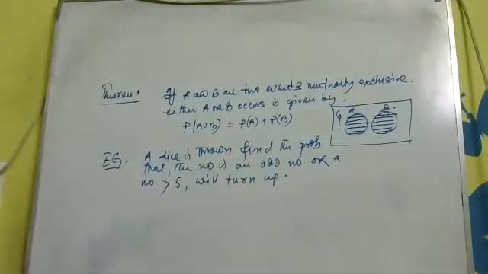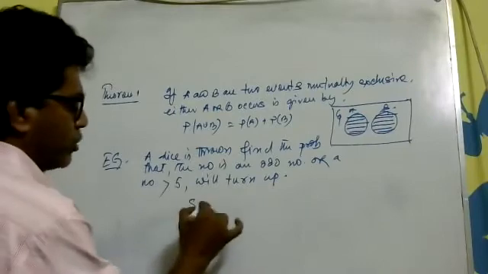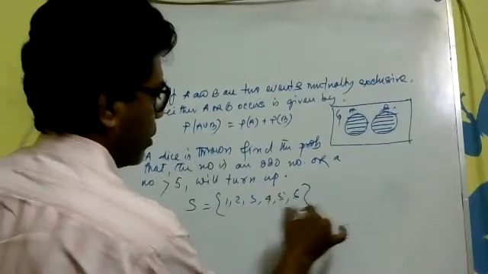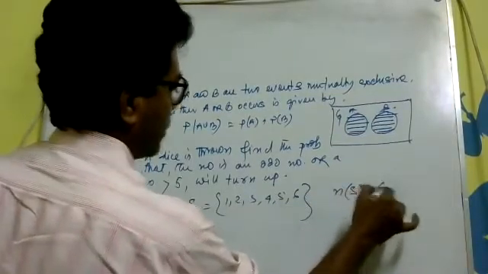That is the sum. If I throw a dice, your sample space will be 1, 2, 3, 4, 5, 6. That means n(S) is equal to 6.